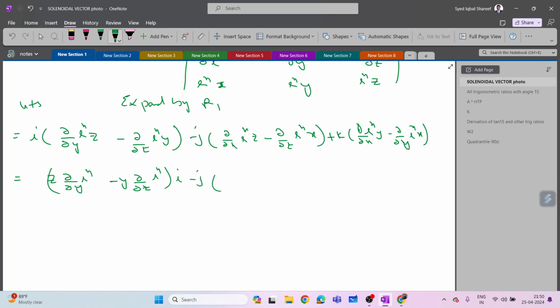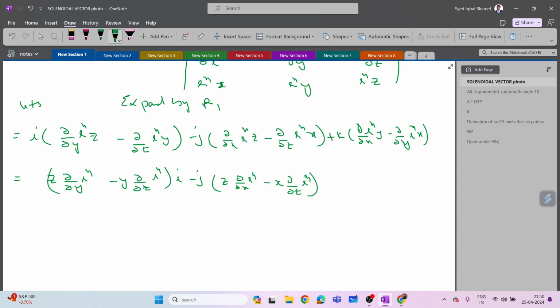Minus j, with z outside ∂/∂x of r to the power of n and x outside ∂/∂z, because it is a partial derivative with respect to z, so x is treated as constant.